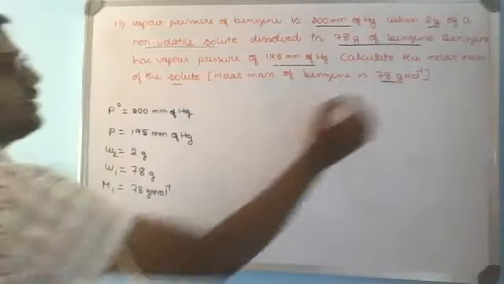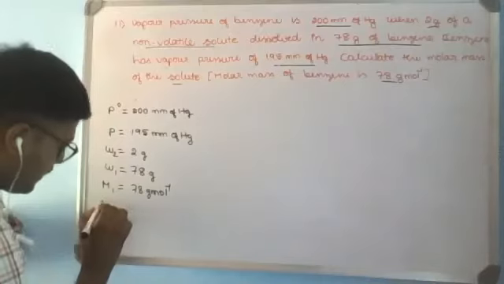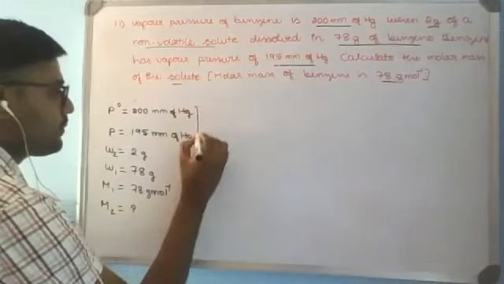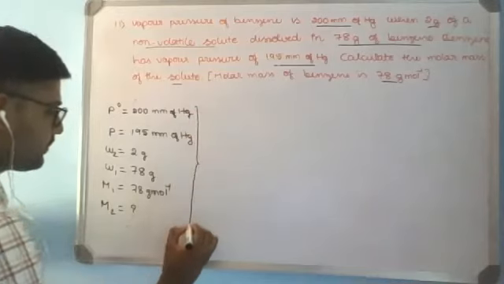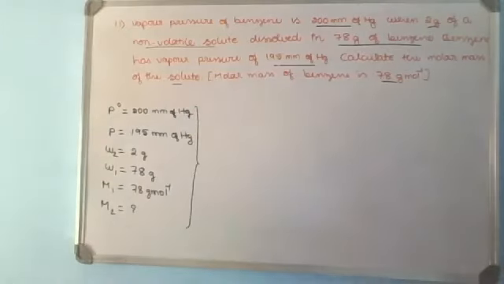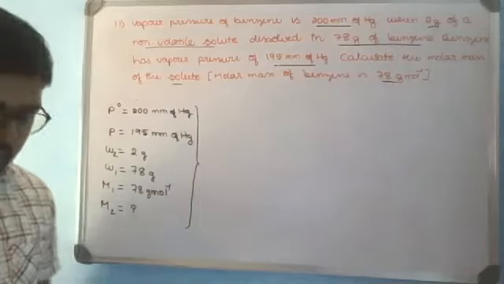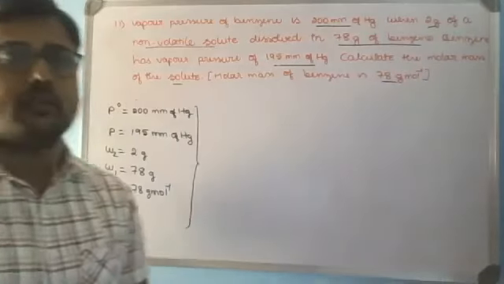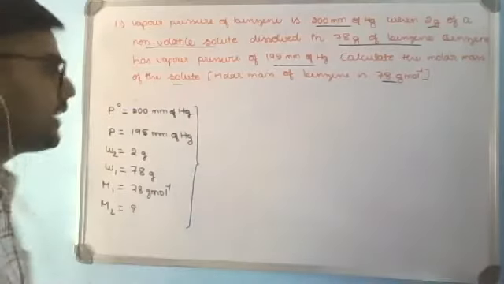And they are asking us to calculate the molar mass of the solute, that is M2. Now we have all the required information. First we'll consider the equation with the proper rearrangement, then go for substitution to get the right answer.